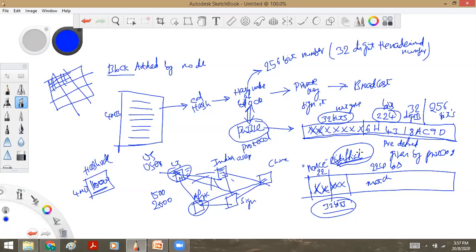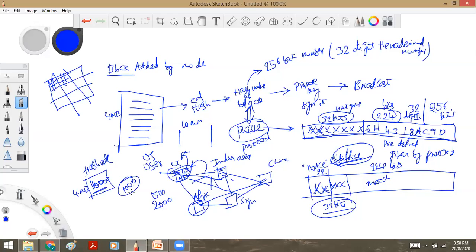I'll explain that. Now imagine the hash value calculated by US node is not matching with the puzzle. Now what will US node do? Within the 10 minutes slot, it will remove a few transactions, include new transactions which were received recently, and again create a new pool of 1000.